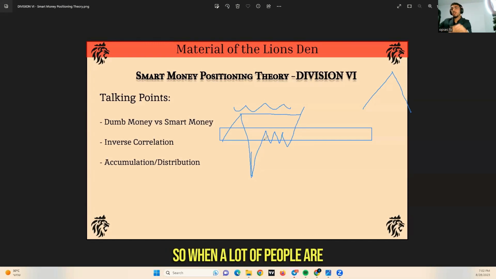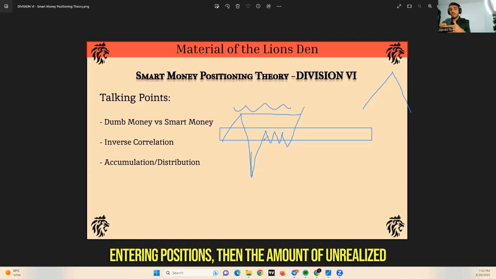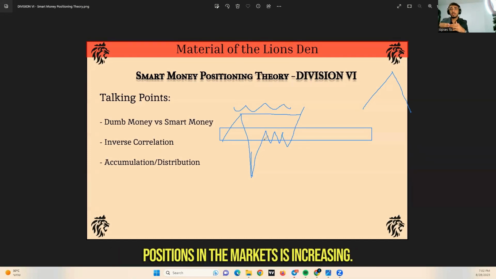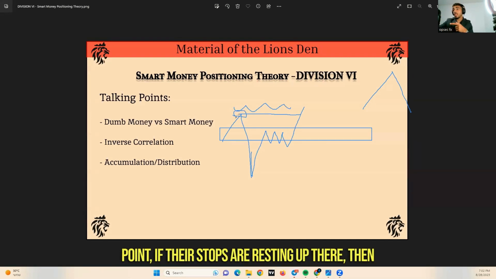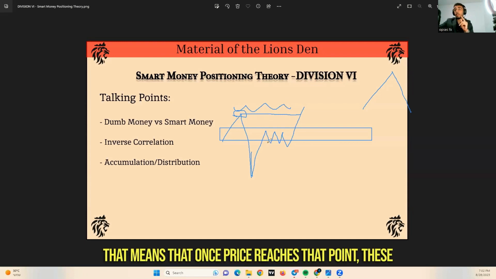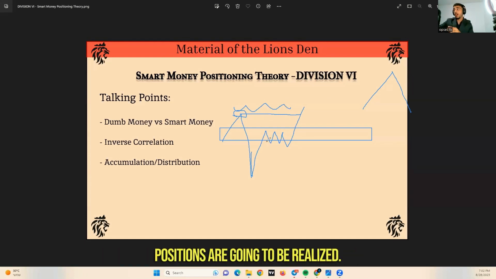When a lot of people are entering positions, the amount of unrealized positions in the markets is increasing. Therefore, open interest is increasing because there are more unrealized positions. Now, if their stops are resting up there, then that means that once price reaches that point, these positions are going to be realized.